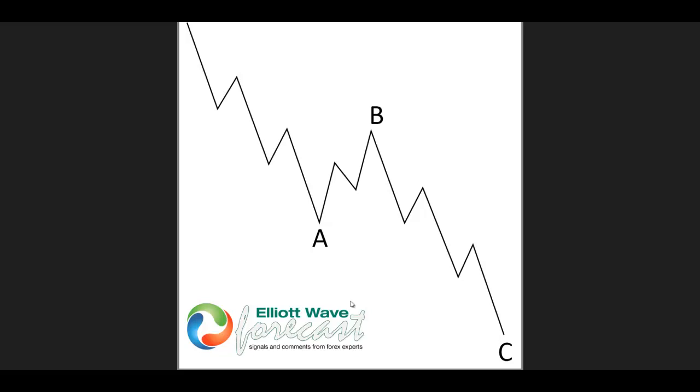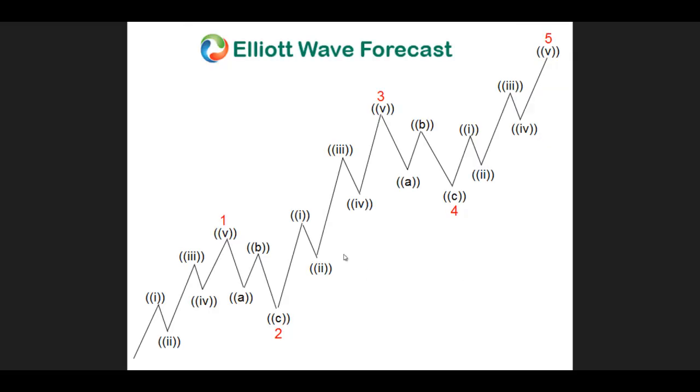Also, in an impulse, this is a bullish impulse where you got 5 waves out of the lows and you got 3 backs, then you have another leg higher. Also a continuation because of the 5 waves.